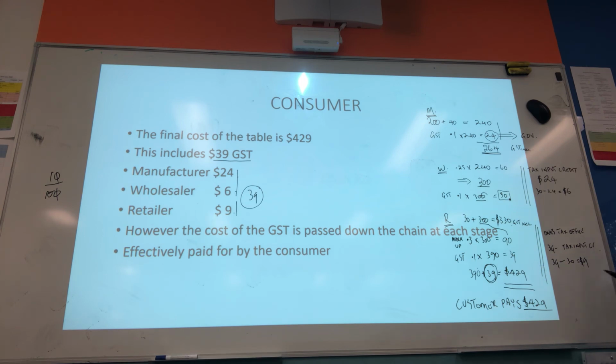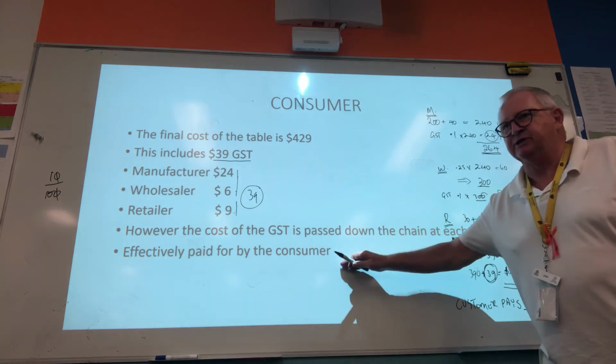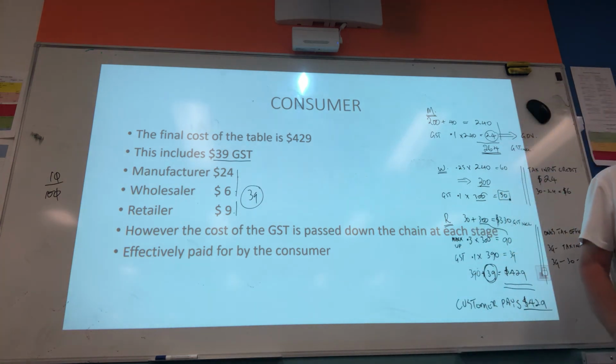Okay? But the trick is when you do the calculations, this stuff here, I put on the outside. In the book, they put it on the inside and they write a little blurb about it. But I just prefer to keep it well away. So effectively, we pay the GST. And the important bits are when you answer the questions after you've done this.